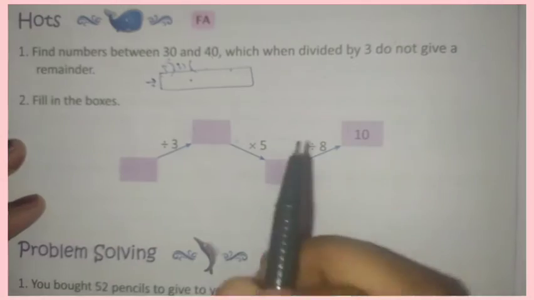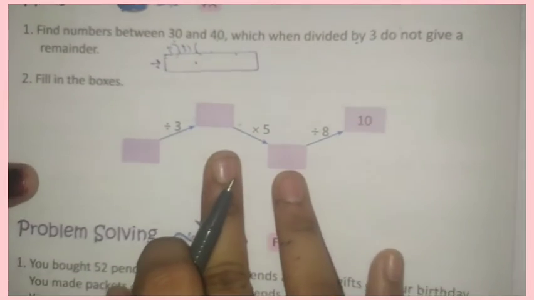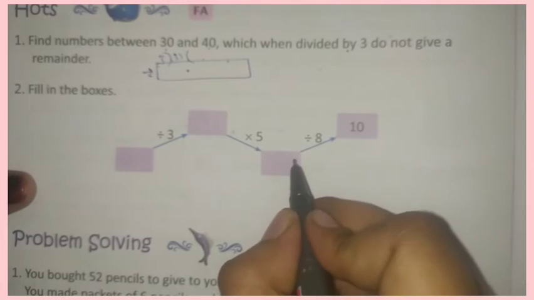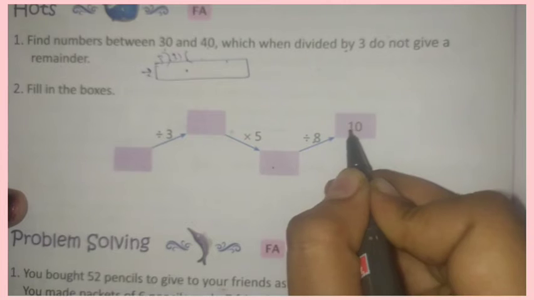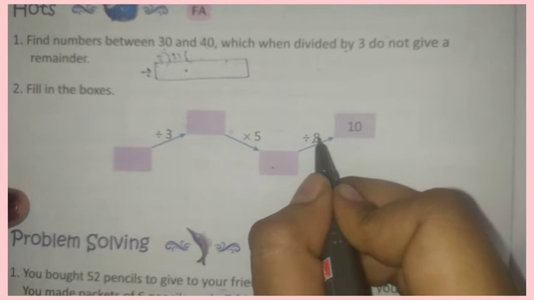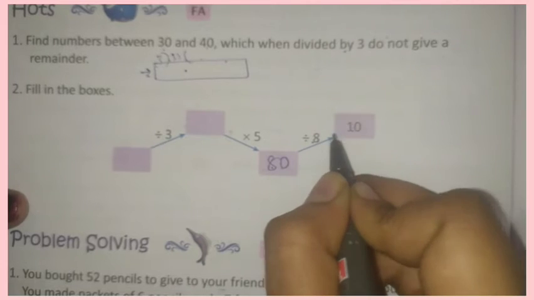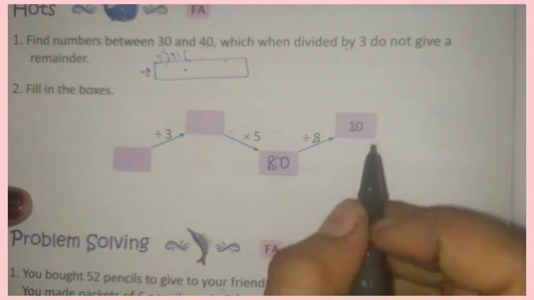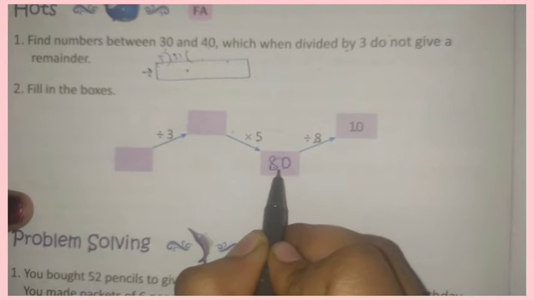Okay, now fill in the blanks. For which number when we divide with 8 you will get 10? Yes, 8 tens are 80. If we divide 80 by 8, then we will get 10. Okay, for which number when we multiply with 5 you will get 80?